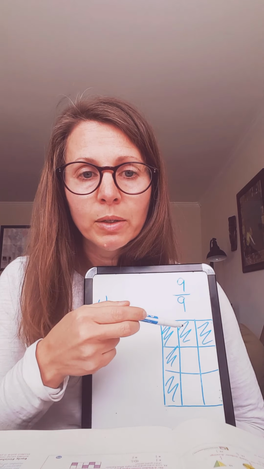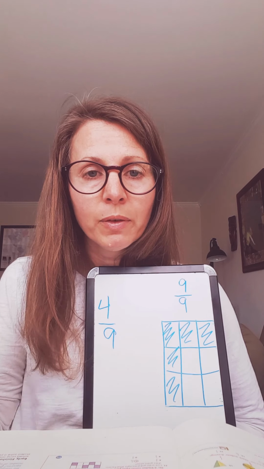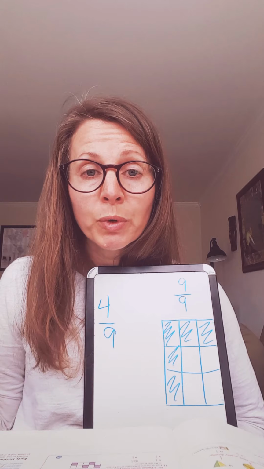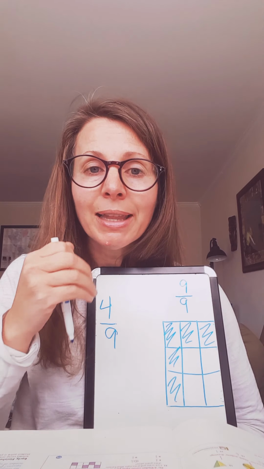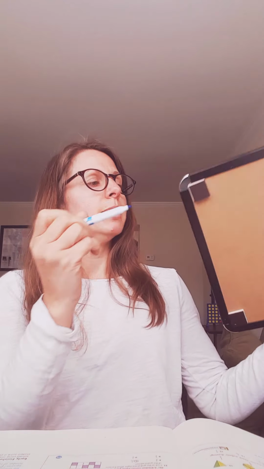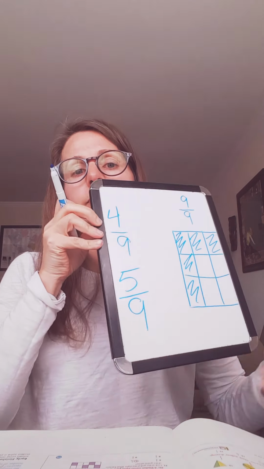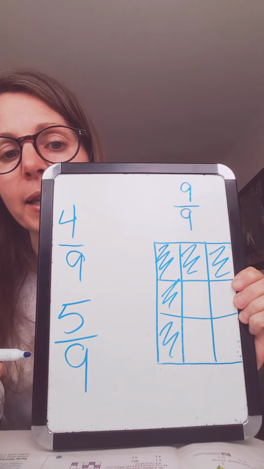Okay, so 1, 2, 3, 4, 5. 5 are what's shown. So a fraction that would represent how many brownies are left for us to eat would be 5, and that's 5 out of the whole number of 9 pieces, or 9 bars, I should say.